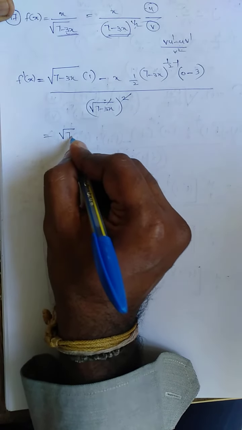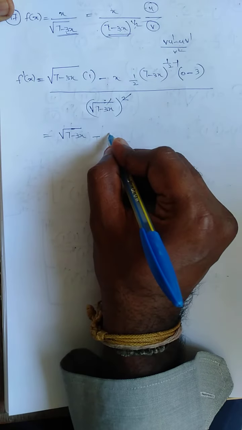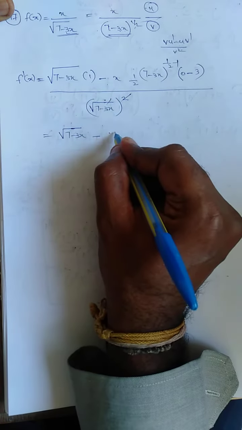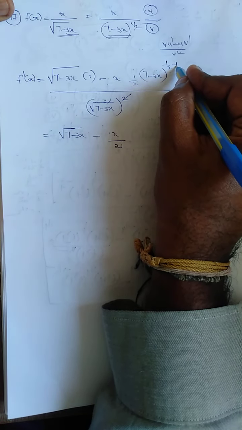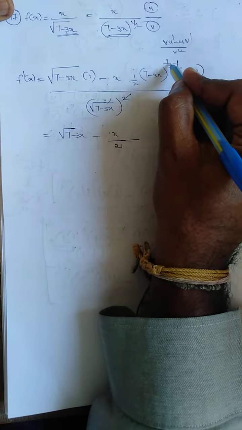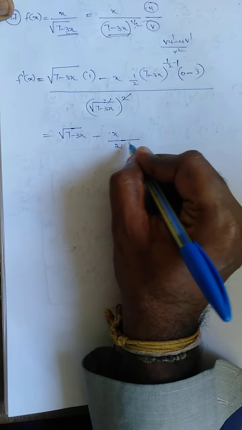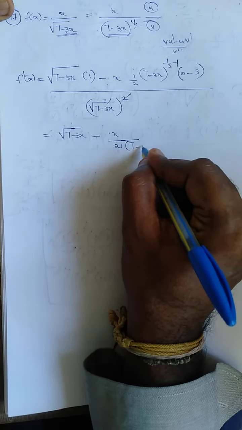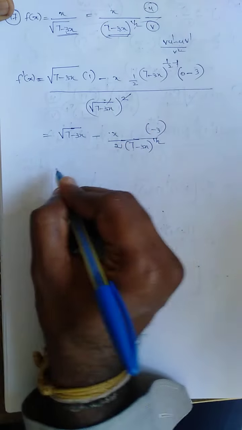So square root of 7 minus 3x minus x by 2, (7 minus 3x) power 1 by 2 minus 1, which is minus 1 by 2. Listen carefully. 1 by 2 minus 1 is minus 1 by 2. This minus 1 by 2 comes down and becomes plus 1 by 2. (7 minus 3x) plus 1 by 2. 0 minus 3 is minus 3.